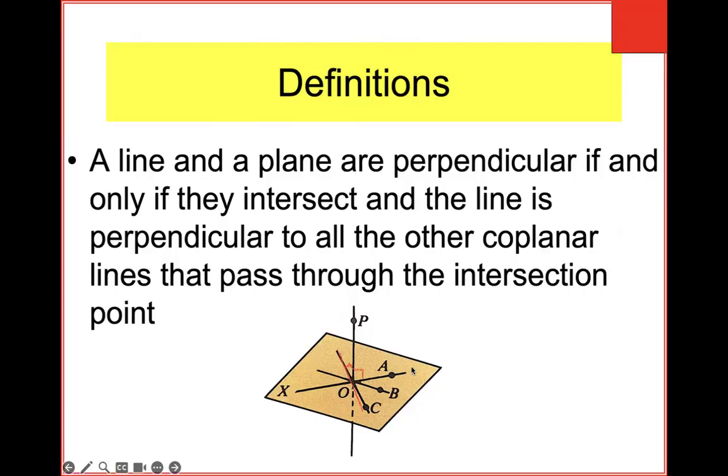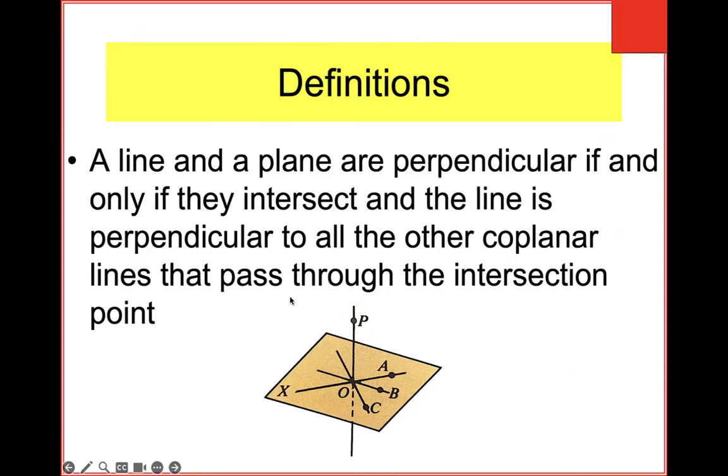And that's what this is trying to illustrate to you. That if you're perpendicular to any one of those lines, you're perpendicular to all of them as long as they go through point O. So that's what this says. It says a line and a plane are perpendicular if and only if they intersect, and the line is perpendicular to all the other coplanar lines that pass through O, except it doesn't say that. It says pass through the intersection point.